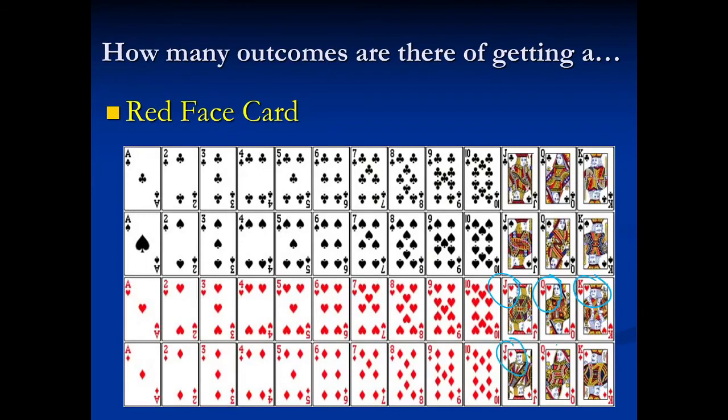This one. And this one. How many are there? There are 6. So I'm going to write n of E is equal to 6. Simple as that. A red face card. Okay? What about here?